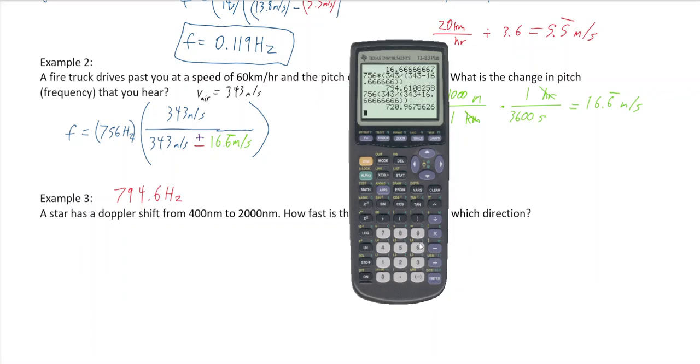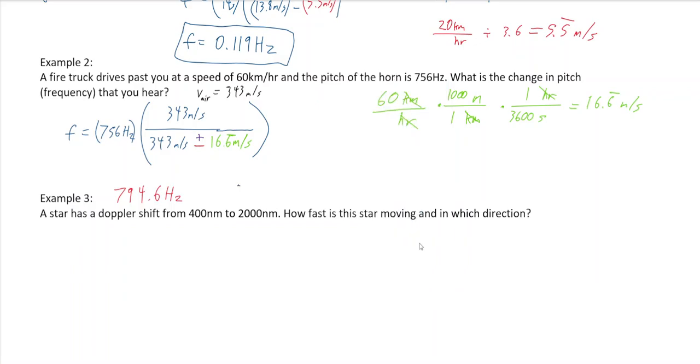And so now we get 720.96 hertz. And we can just subtract because we're looking for the change or the difference in pitch. Okay, so this means we're going to subtract here.